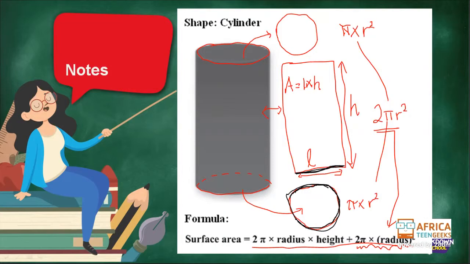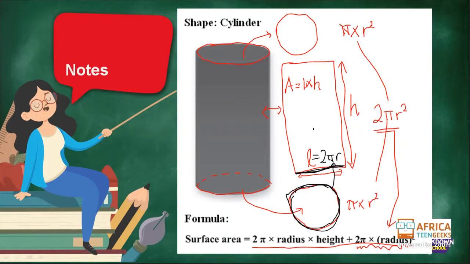And what is the formula for the circumference of the circle? It's 2 times pi times r.